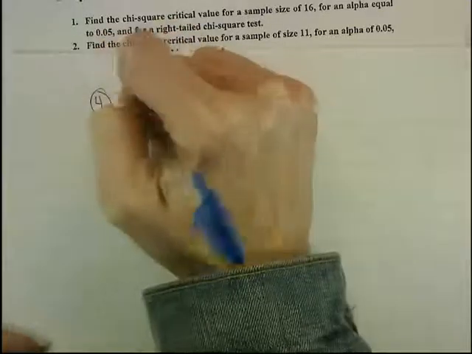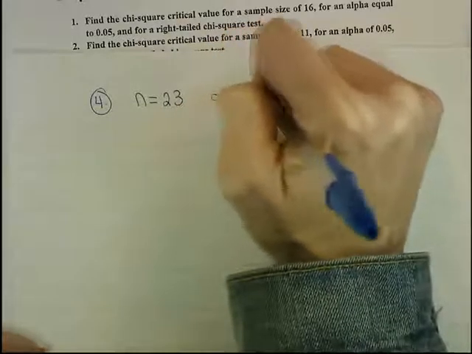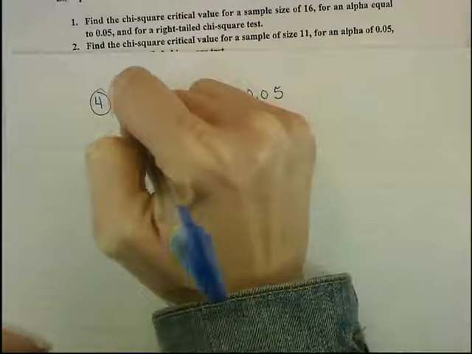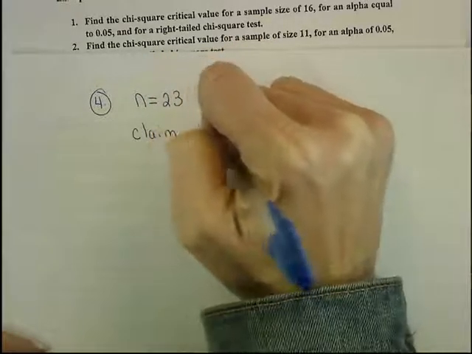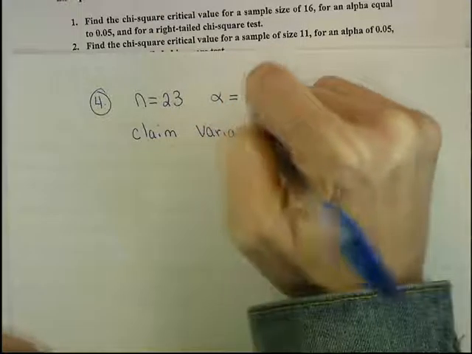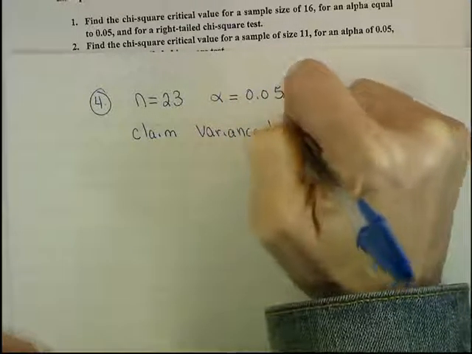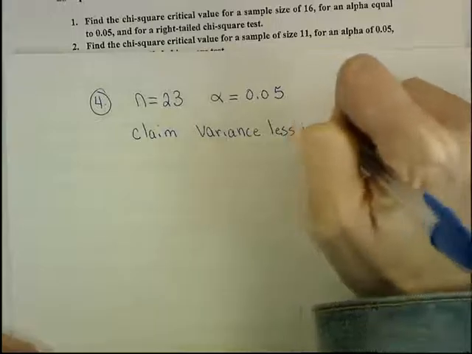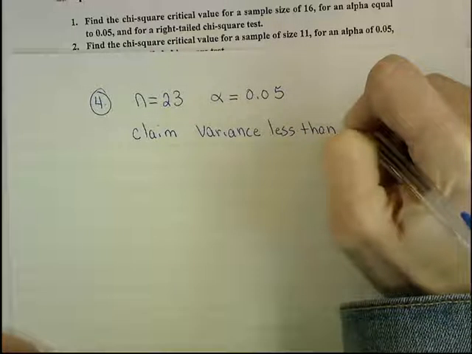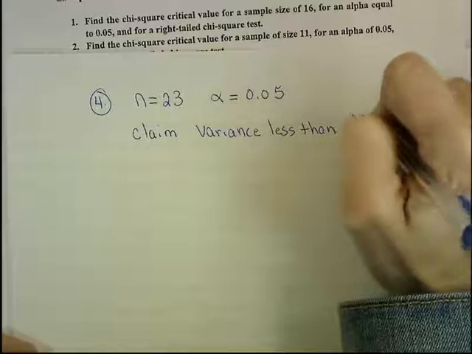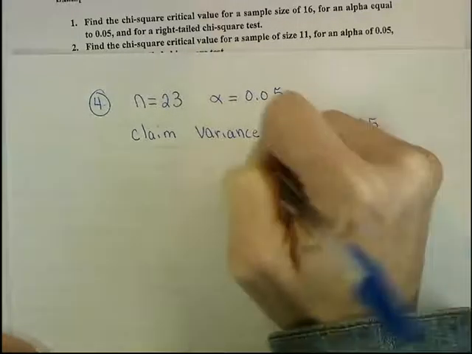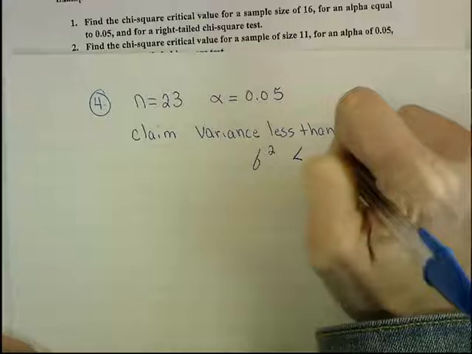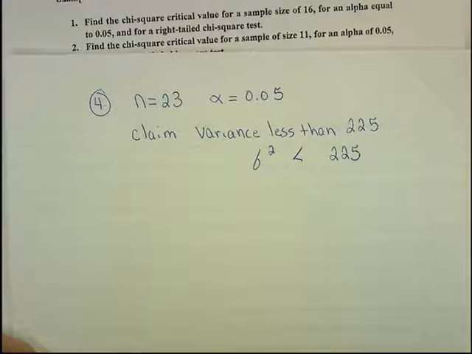Therefore, we know for problem 4 that we have 23 students in the sample, alpha is 5%, and here's the claim, that the variance of the students is less than the population variation, which is 225. And the symbol less than looks like this. So there's your claim.